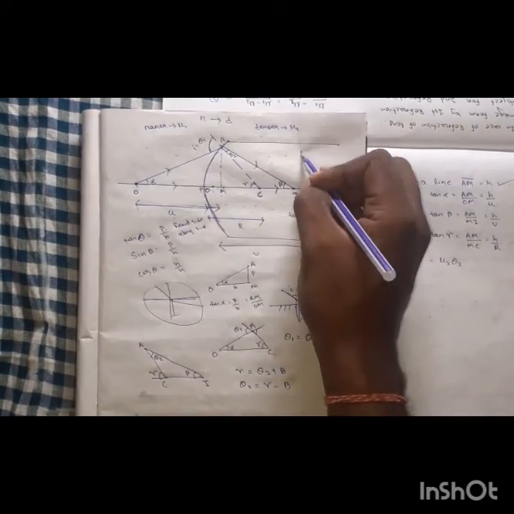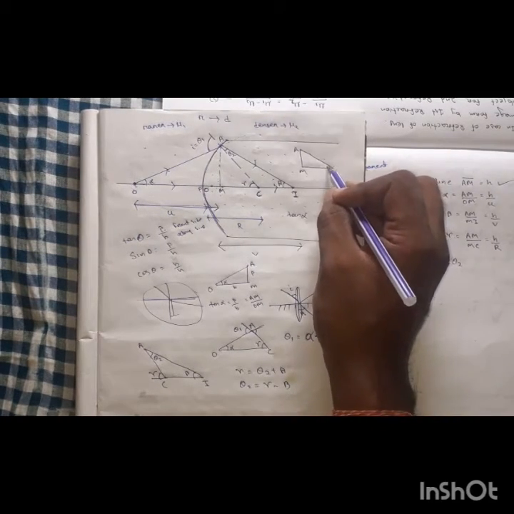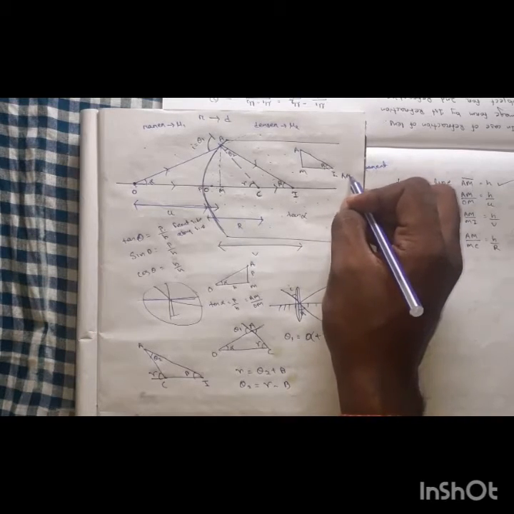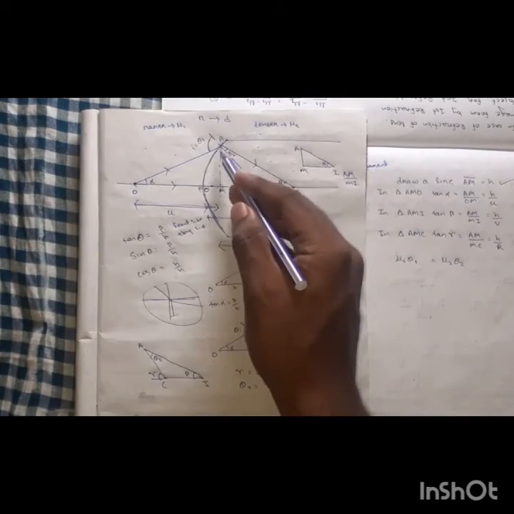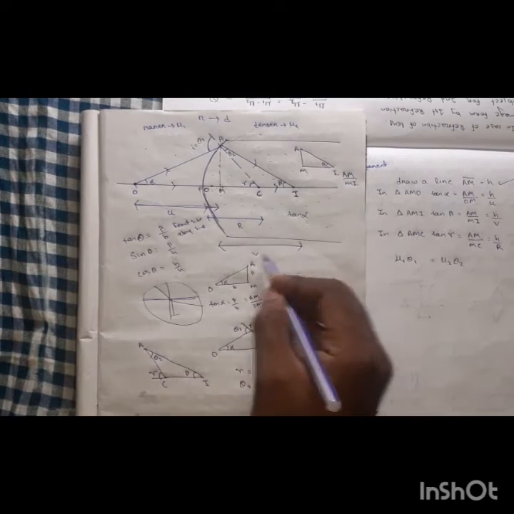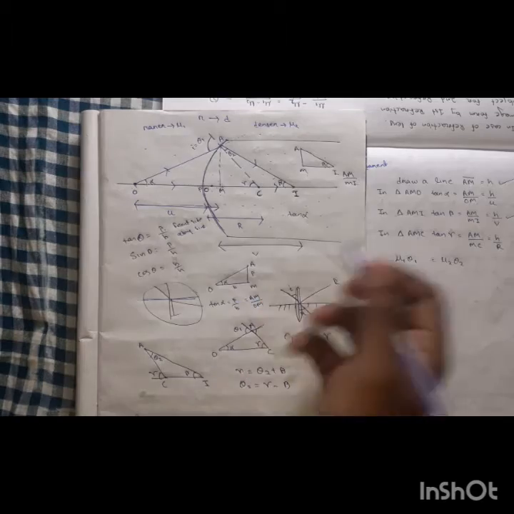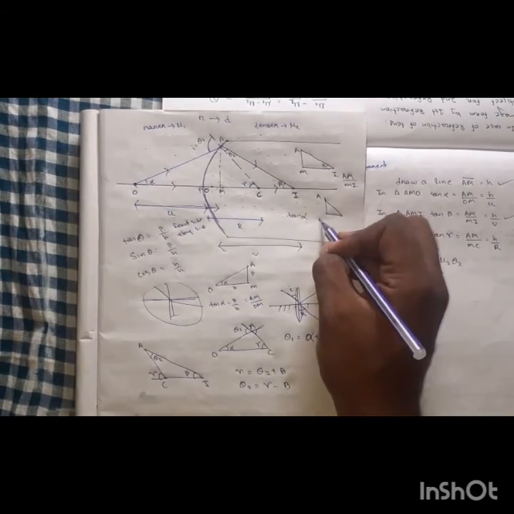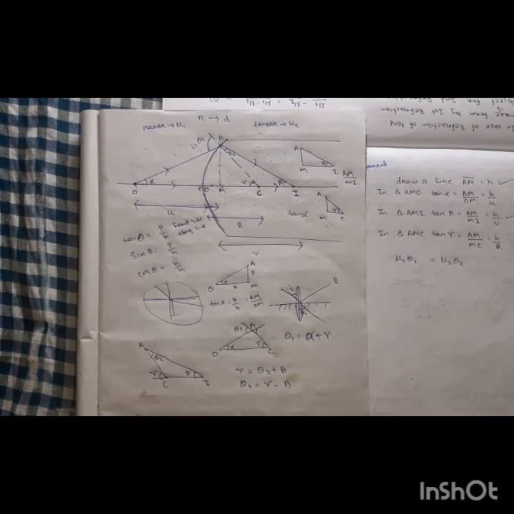Then go for triangle AMI. It is the beta. For tan beta, AM by MI, yes or no? And we know AM equal to H, MI equal to what? Image distance, then H by V. Again, another triangle AMC, it will be the gamma, yes or no?